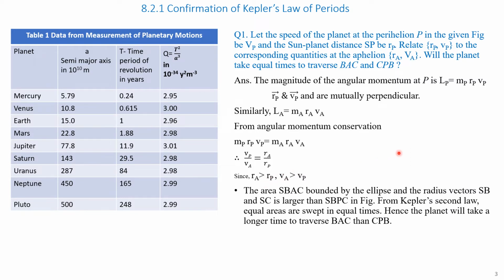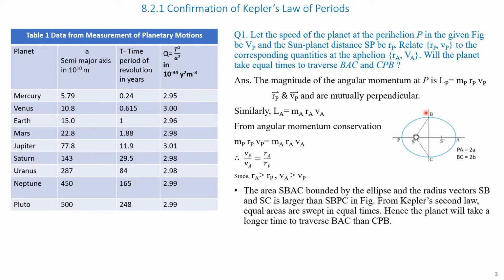Since Ra, the distance between the Sun and A, is greater than Rp, Vp will be greater than Va from this ratio. Therefore, the area SBAC, bounded by the ellipse and the radius vectors SB and SC, is larger than SBPC.